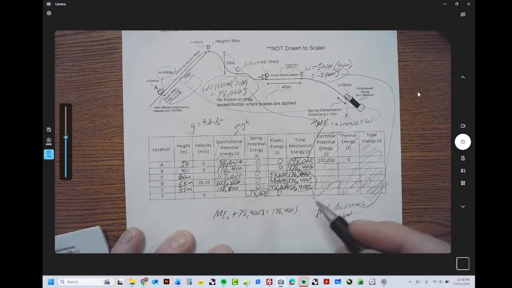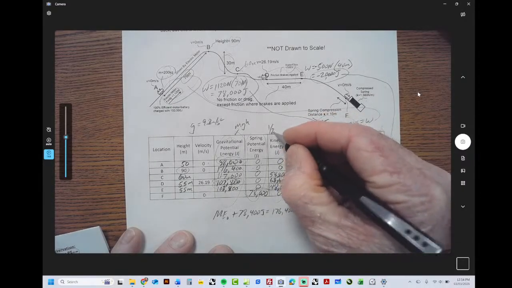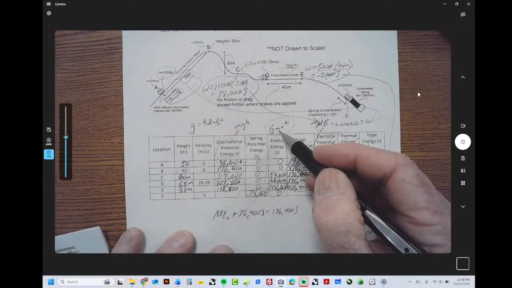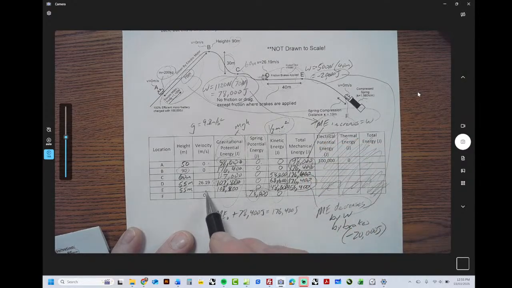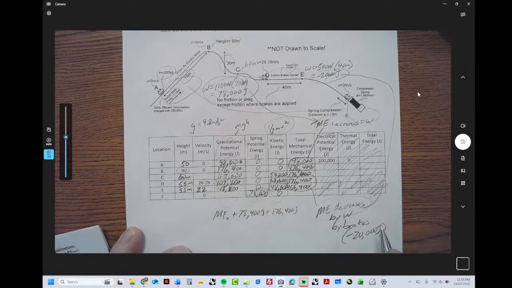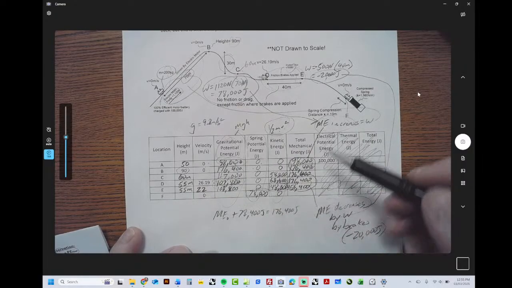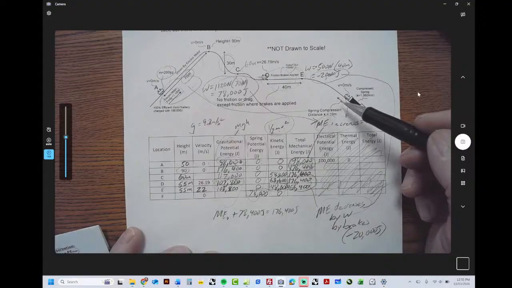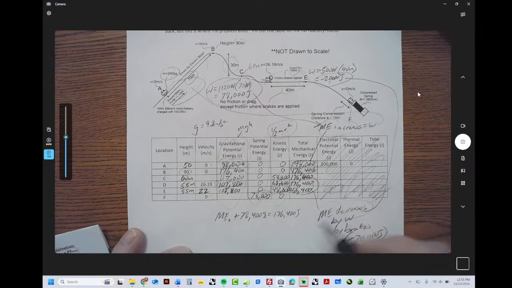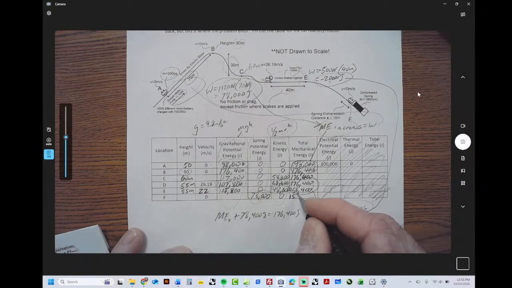Now that I have kinetic energy, which is 1/2 mv squared, that allows me to set 1/2 mv squared equal to this, plug in the mass of 200, solve for v, and v comes out to about 22 meters per second. And then finally, between E and F, there's no friction, no nothing, so the total mechanical energy doesn't change.